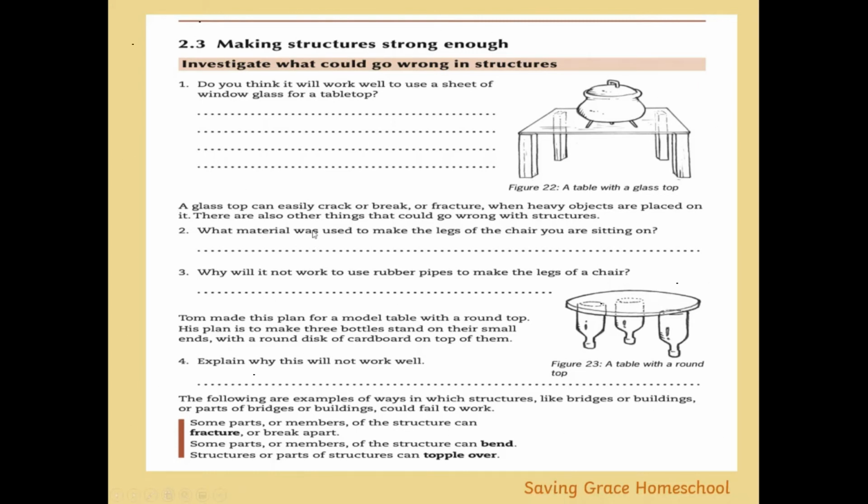So yeah, there's a second one. Let's look at figure 23 and we can see here a separate mechanism for a table to not be well designed, or to be very fragile, or not to be stable. So here we have a round top of the table made out of wood presumably or cardboard, and then we've got 3 bottles with their ends at the bottom.